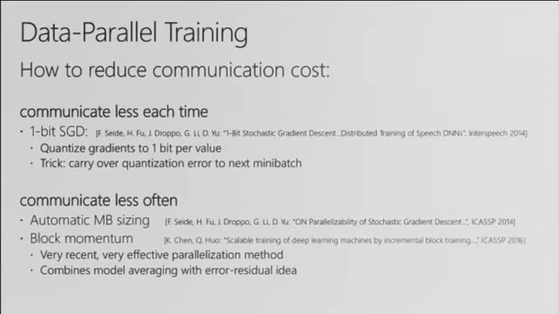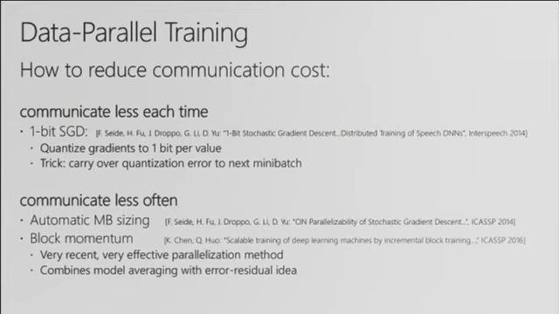So in CNTK, we have included a bunch of algorithms that can reduce this communication cost, and these are rather novel algorithms. The first idea is to communicate less each time. Instead of sending 32-bit gradient across different nodes, we're sending 1-bit gradient with a trick that we carry over the quantization error to the next mini batch.